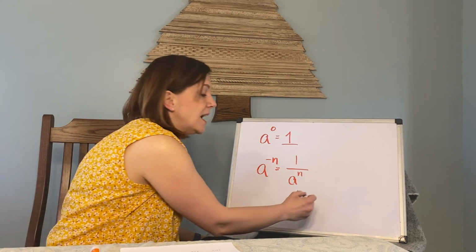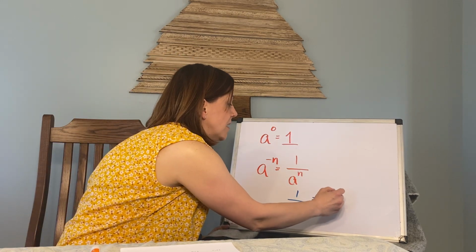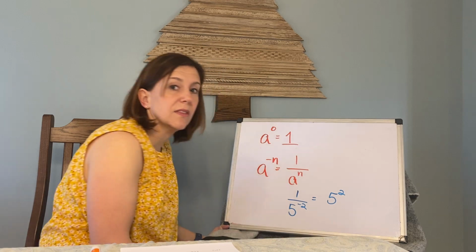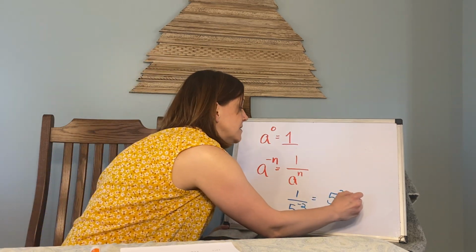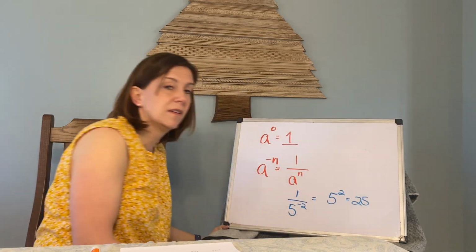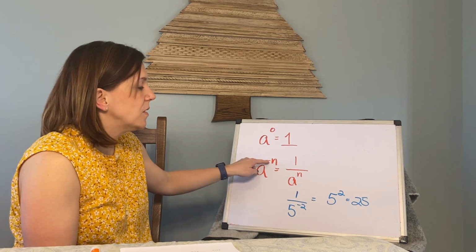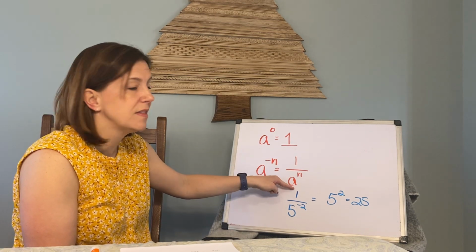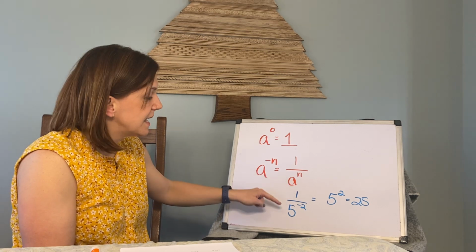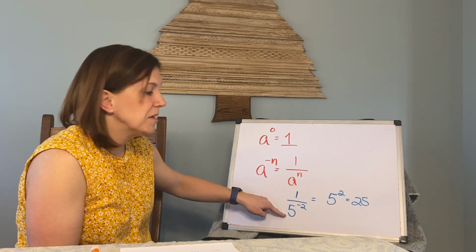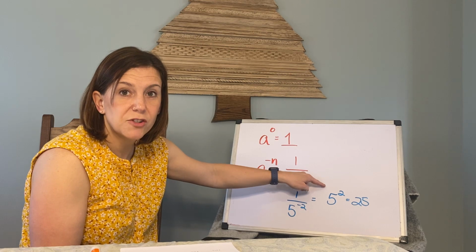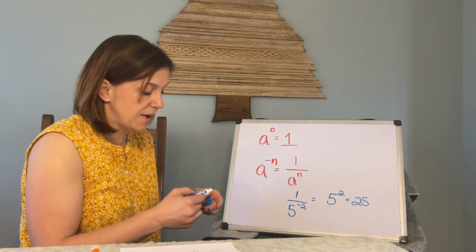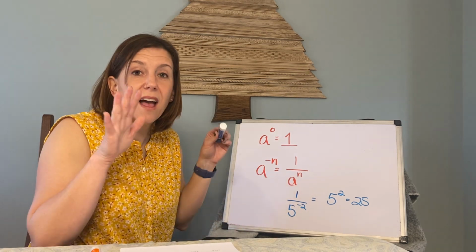So if it was in the bottom, it now becomes positive in the top. So this now equals 25. So a negative exponent, if it's in the numerator, we make it positive in the denominator. If it was negative in the denominator, we make it positive in the numerator. So we're just switching it. Okay? Any questions on that?